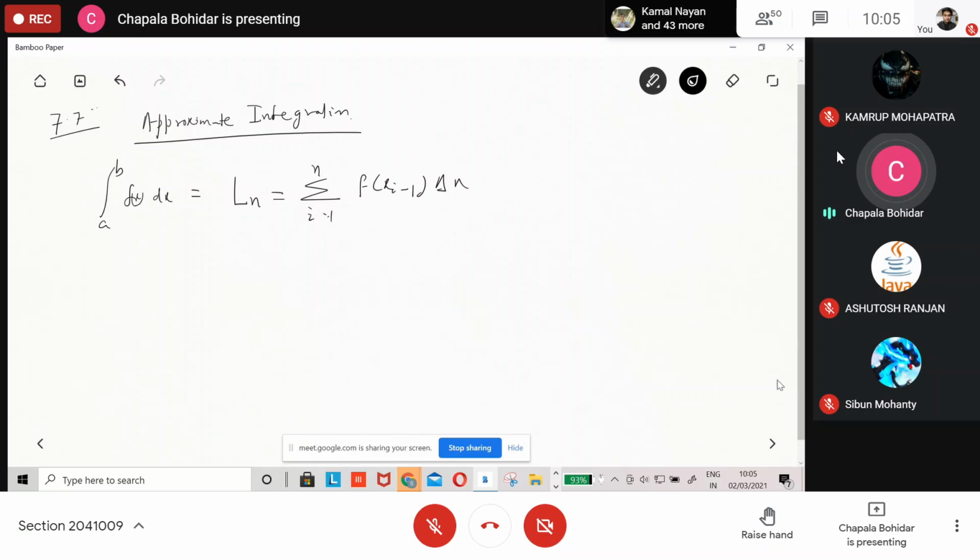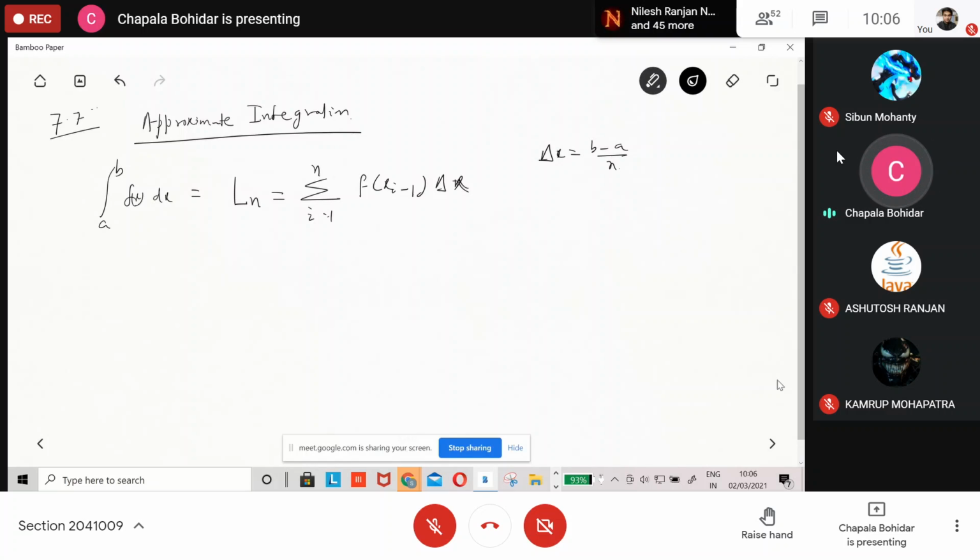You know, it is i minus 1. We are starting the left endpoint, that is from x0 to x_{n-1}. Here i is equal to 1 to n, so it is x_{i-1} del x, where del x is equal to (b minus a) by n.